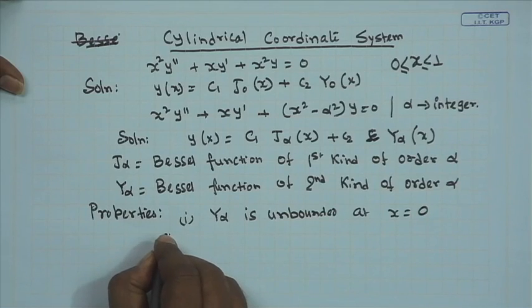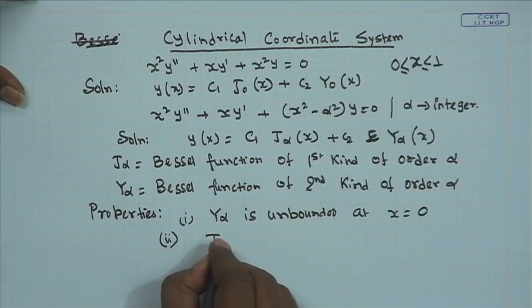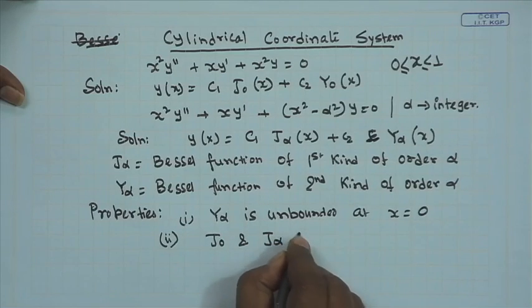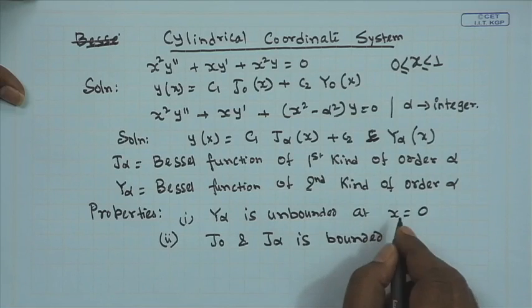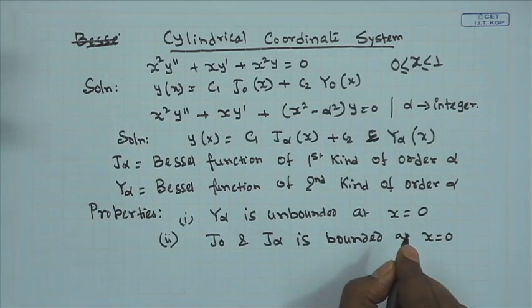Second important property of Bessel function is that J0 and in general J alpha is bounded, that they will have a finite value at x equal to 0.